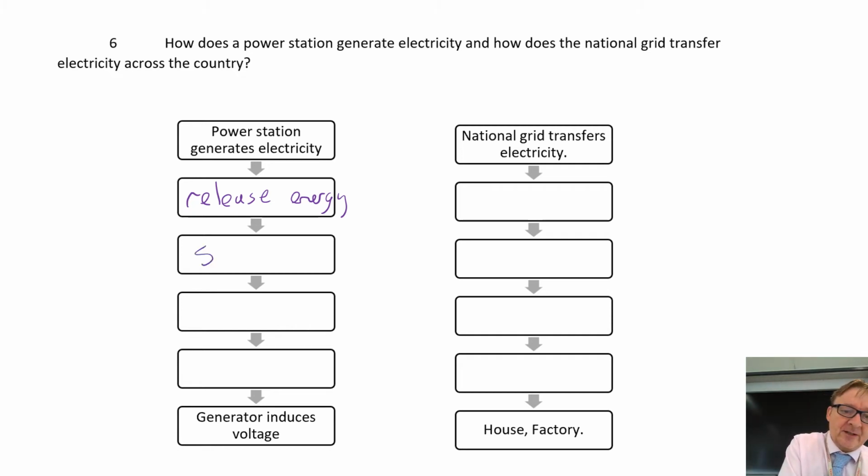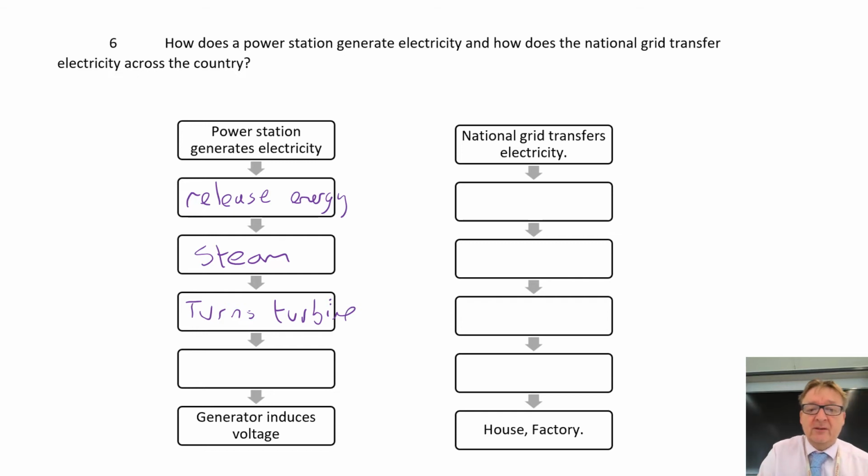Then you create steam by water boiling. That then turns a turbine, okay, which kind of looks a bit like a windmill. And then what happens is the turbine turns a generator. And then the generator induces voltage, which basically means it makes electricity.